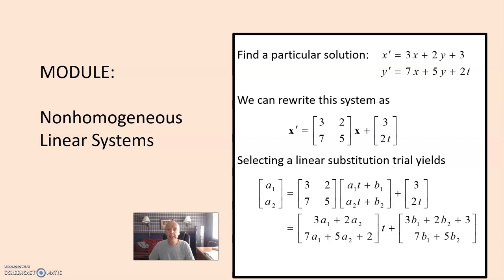So we find that our matrix a1, a2 is equal to the 2 by 1 matrix 3 a1 plus 2 a2 in the top row, and 7 times a1 plus 5 times a2 plus 2 in the bottom row, multiplied by t, plus our 2 by 1 matrix, which has 3 times b1 plus 2 times b2 plus 3, and in our second row, 7 times b1 plus 5 times b2.